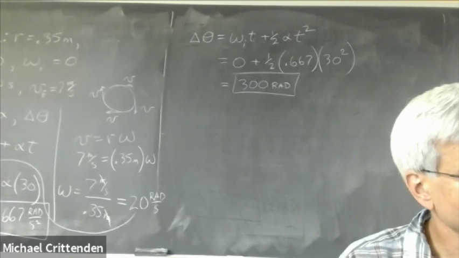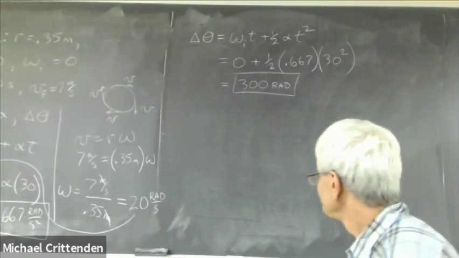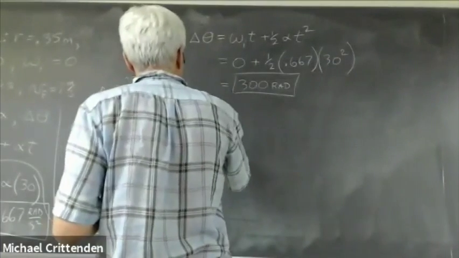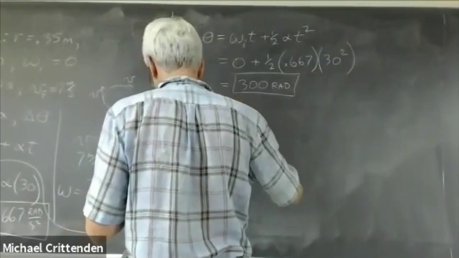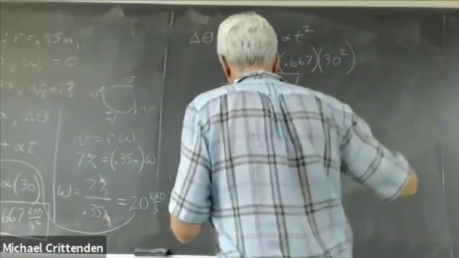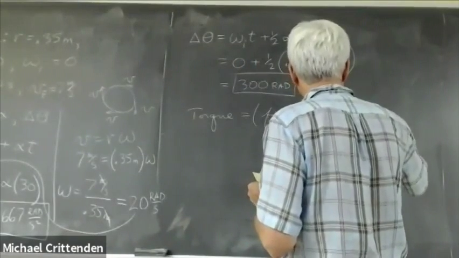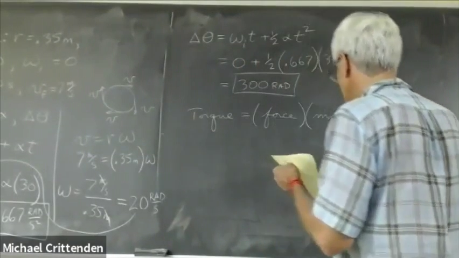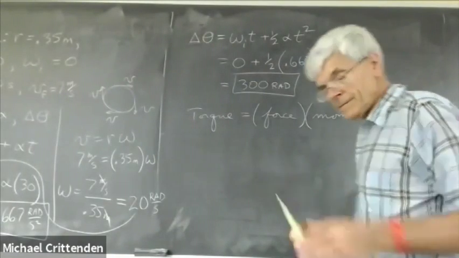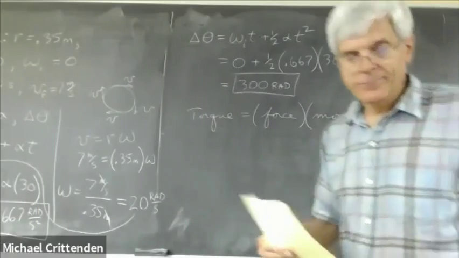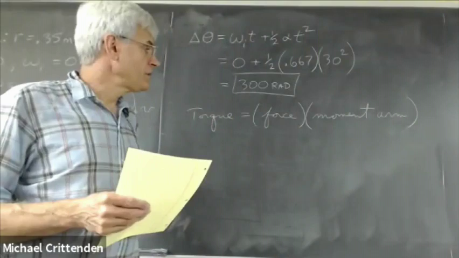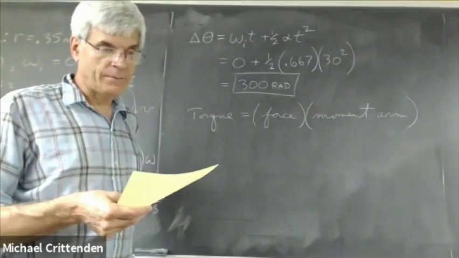So as sort of an imprecise definition to get started with, in words, the amount of torque on something is equal to the force times the moment arm.